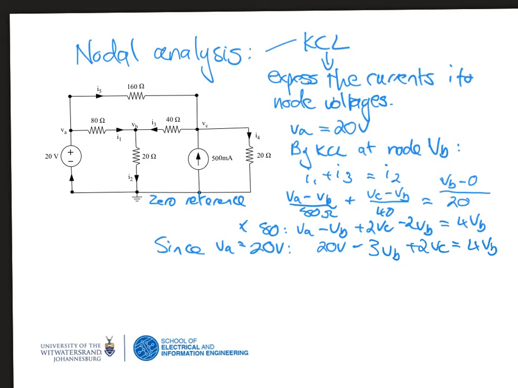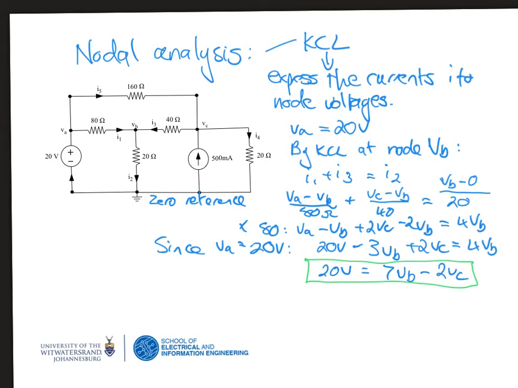And if we put all the like terms together, then we find that 20 volts is equal to 7VB minus 2VC. And that's the first equation that we need to solve for all the unknowns in the circuit.